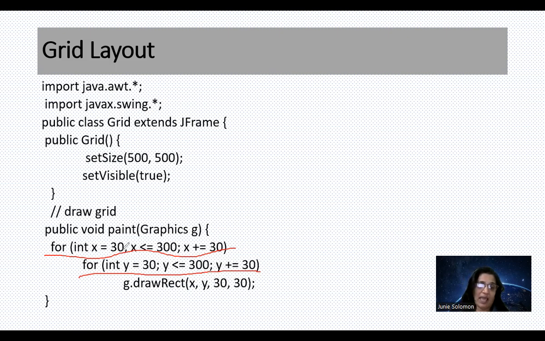You are telling it the X-axis at one point and the Y-axis at this point, 30, 30. At that point it will draw with height and width of 30, 30. That's why you can see the grid spaces.